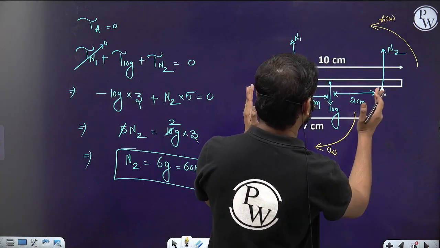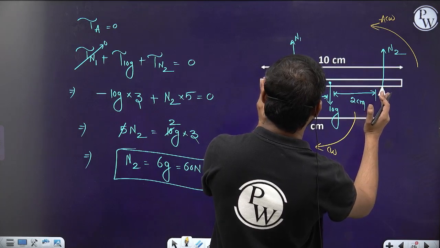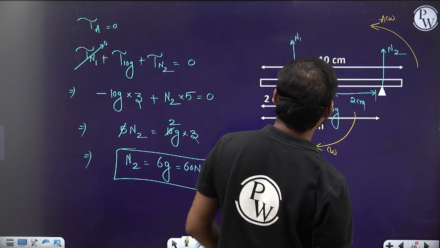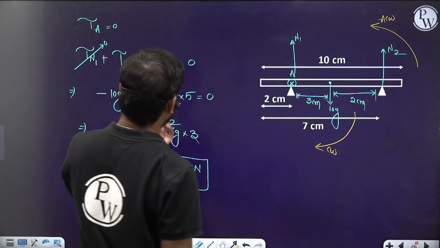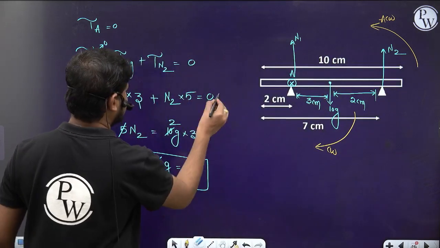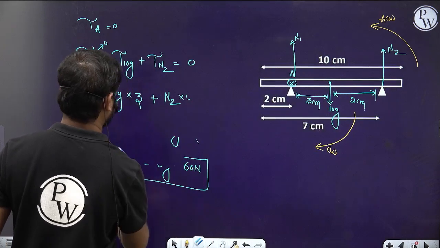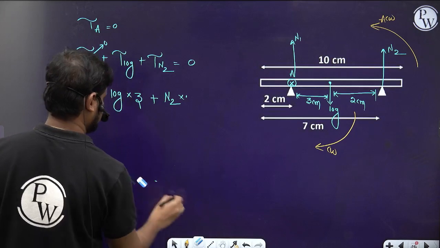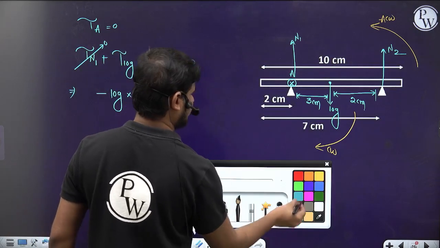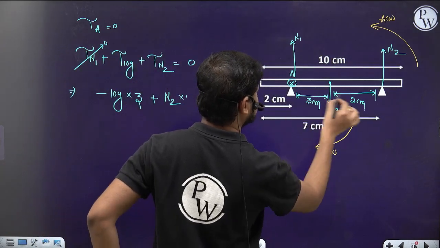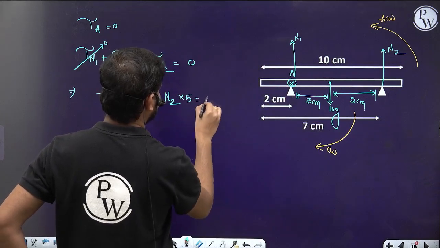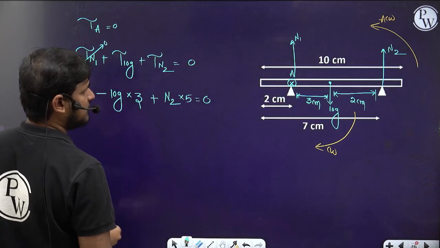Sorry, here I did the calculation mistake. My bad, guys. N2 into, from this point, 2 plus 3, 5 only, correct? About this point only, right? So into 5 is equals to 0 due to N2.